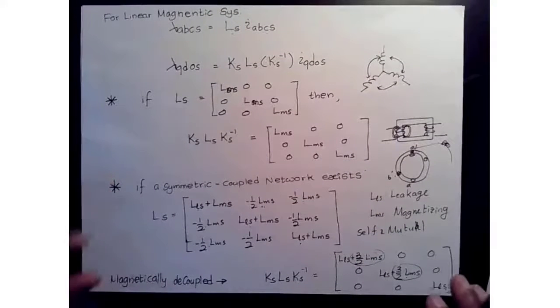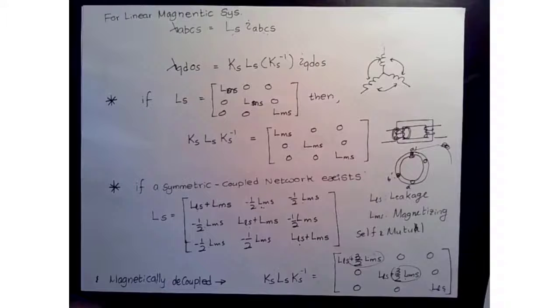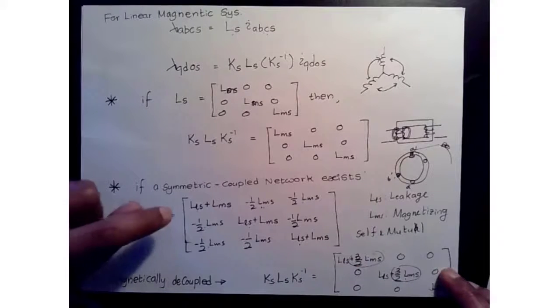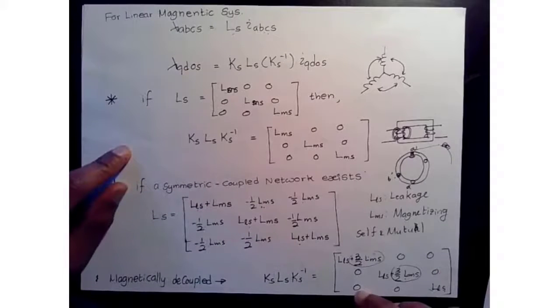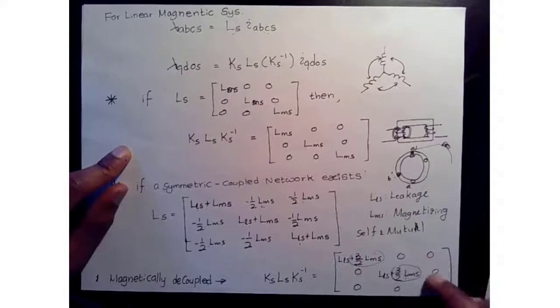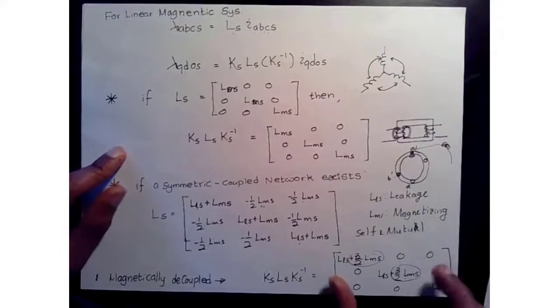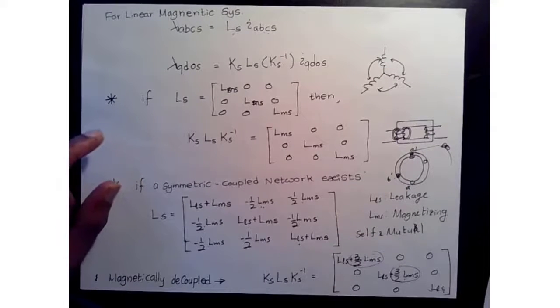Okay, so the important thing is, see, magnetically decoupled. When you do the transformation, initially in the stator frame it was magnetically coupled. Now when you go into this arbitrary frame, you are able to decouple those inductances, magnetically speaking. So this is an advantage that you're going to have when we go and analyze machines.